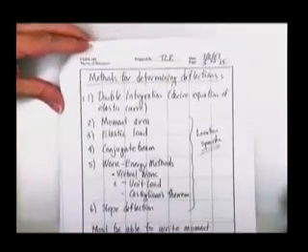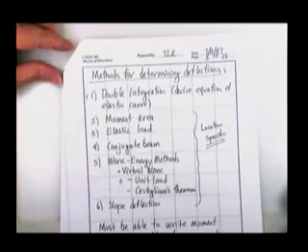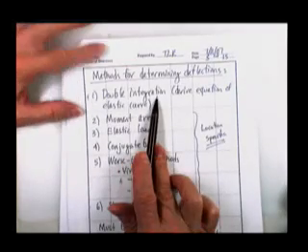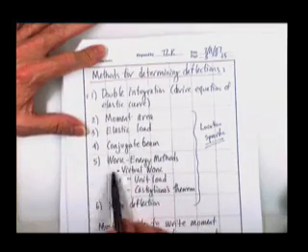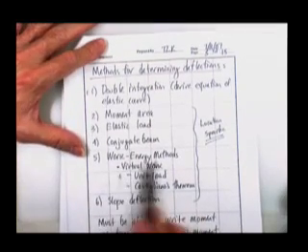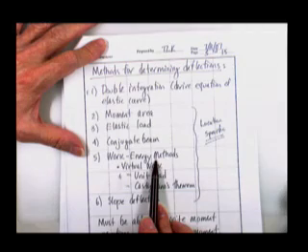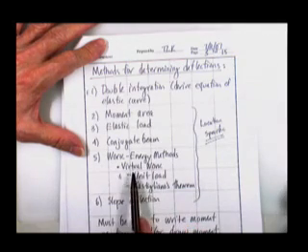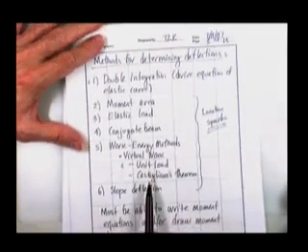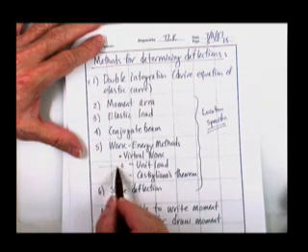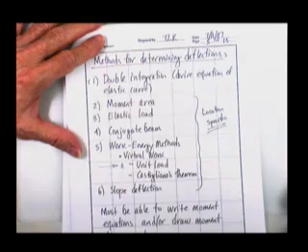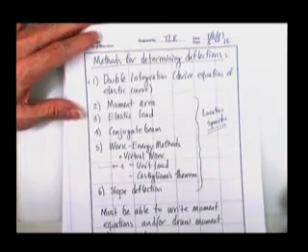Here are some of the methods. Double integration. There's a thing called moment area, elastic load, conjugate beam. There are work energy methods, generally virtual work. There's a couple of sub-methods. We'll cover this one because it works really nice, and it always works, and it's nifty, and it's easy.